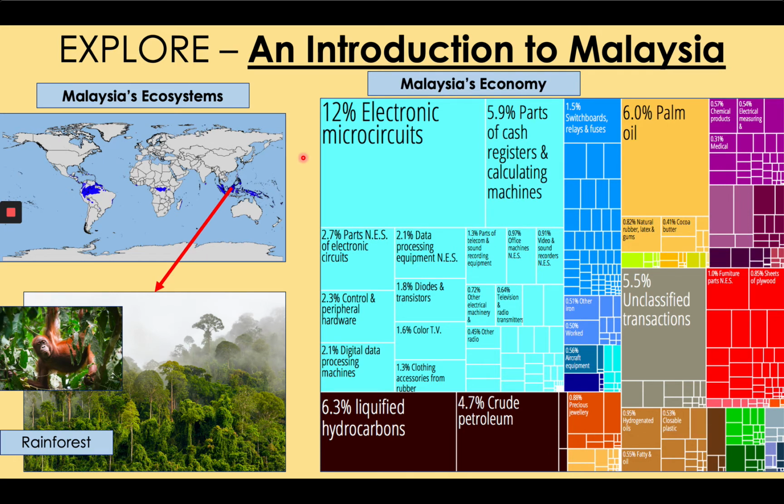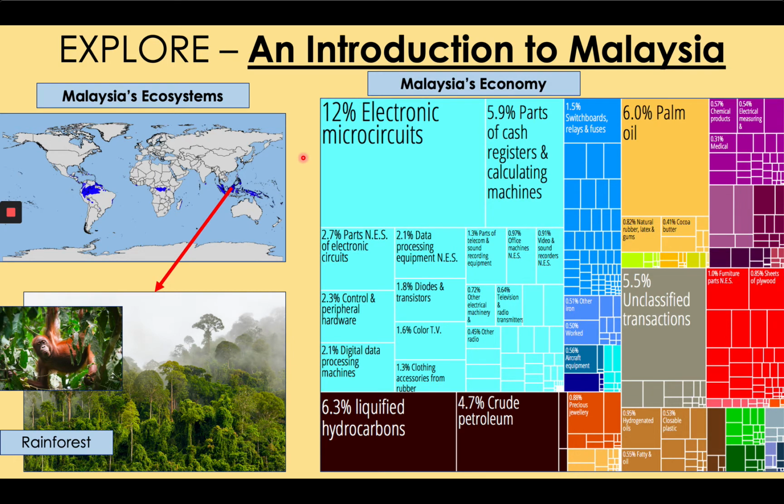People are 3 times richer than they were in the year 2000. They now make $11,000 a year, which is only a quarter of the UK, but it's 3 times more than they made in 2000, so that is a significant increase in income for people. The key idea that you need to know is this.